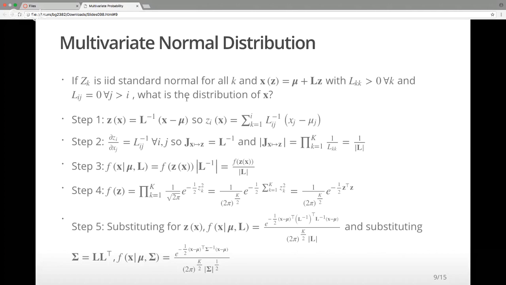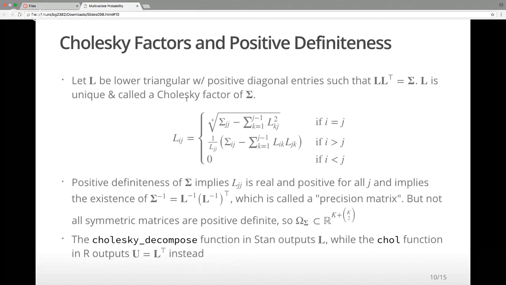And so you have to worry about Jacobians and determinants rather than just doing one partial derivative in a chain rule one time. Okay, so I don't want to dwell too much on that, but that's an idea of where multivariate distributions come from. So going back to Drew's question, what is L?